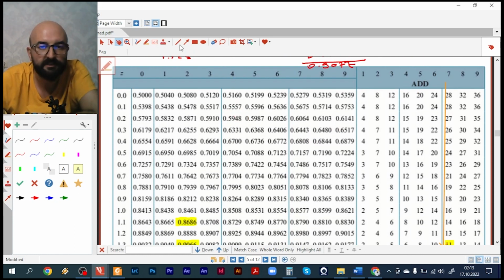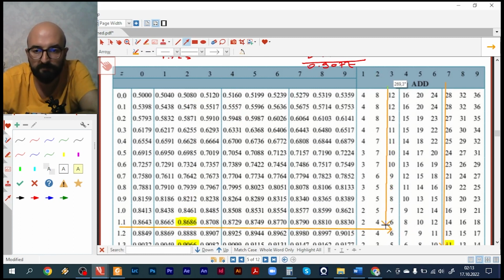For the last digit 3, we should find the 3 column, and it shows us 6, and we should add 0.0006 to this value.